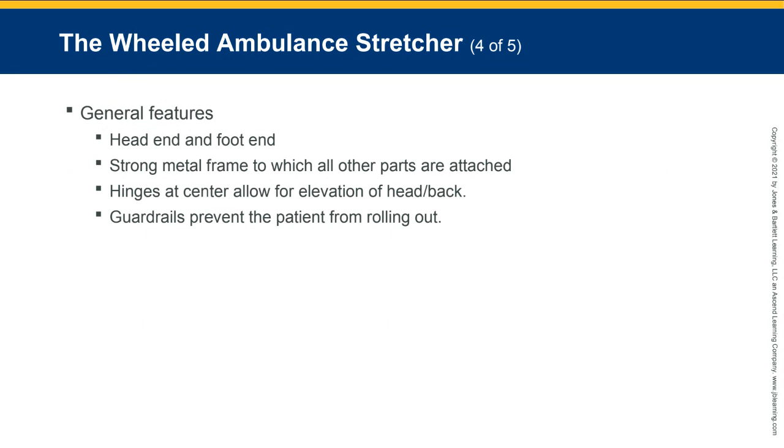General features of the wheeled ambulance stretcher: head end and foot end. And remember, the person that is stronger goes at the head end of the stretcher. The person that is not as strong goes at the foot end. It has a strong metal frame to which all other parts are attached. Hinges at the center allow for elevation of the head and back.